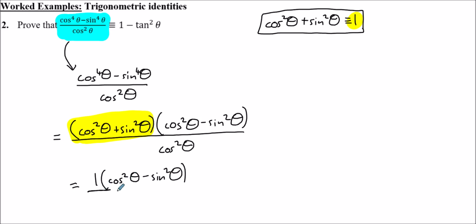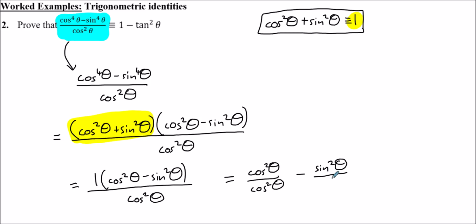So that's just a case of dividing through the numerator by the denominator, which is cos squared. So we have cos squared theta divided by cos squared theta, just splitting this into two separate fractions, minus sin squared theta, again over cos squared theta.